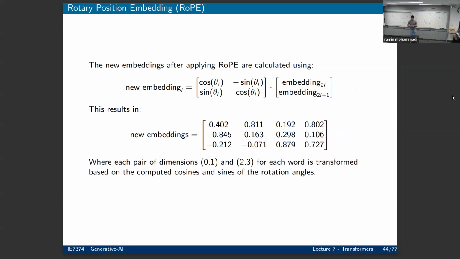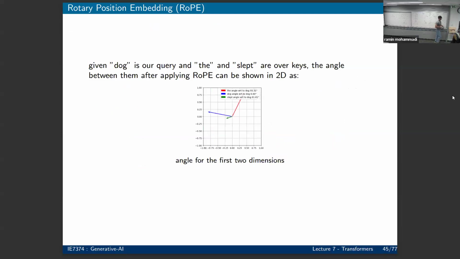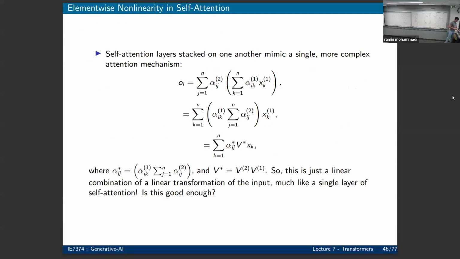Make sense? All right, so that's just a general idea of the positional encoding and basically how we can enforce the model to learn about positions.